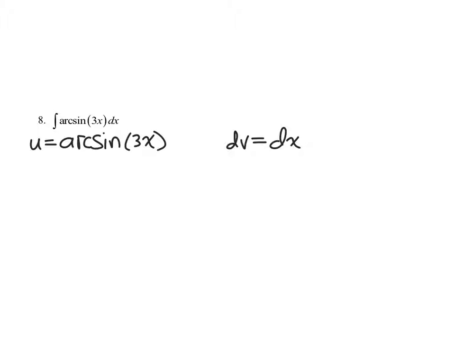The one issue with that is if you don't know the rules for finding derivatives of arc functions, so inverse trig functions, that could be your first and only step in the solution to the problem. So that could be a problem. But actually, no, that's not fair. You could definitely get v equals x, or plus c. Just throw a plus c there. I've had that happen before.